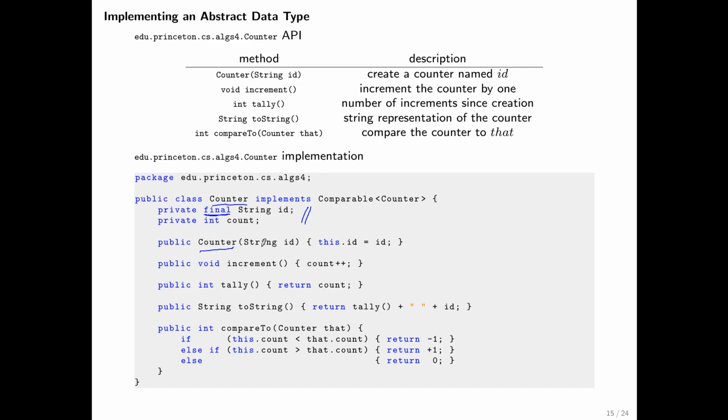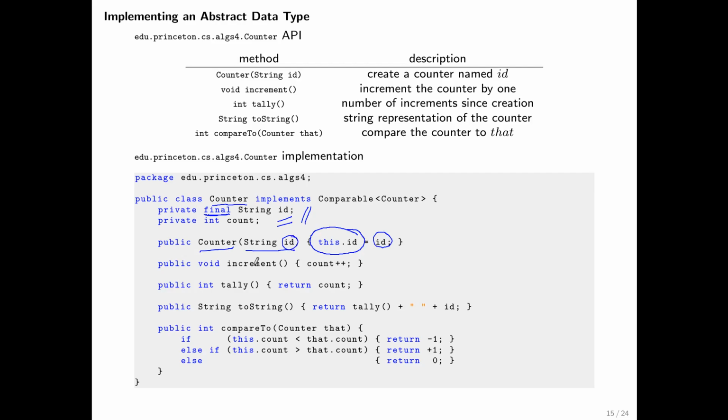And then the constructor here takes a single argument, the string ID. What we do in here is simply take the value of this parameter and assign it to the instance variable ID. Notice that the parameter ID has the same name as the instance variable, so we have to disambiguate between the two using the this keyword. On the left hand side we are talking about the instance variable ID, whereas on the right hand side we are talking about the parameter.